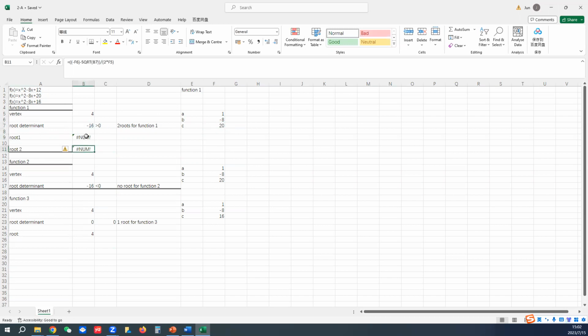Okay, and here this number exclamation tells you there is no solution, which was what we found below. And if you change your term c into 16, you only get one answer, or you get 2 roots with the same result. That's because your root determinant is 0. Plus or minus doesn't change the result.